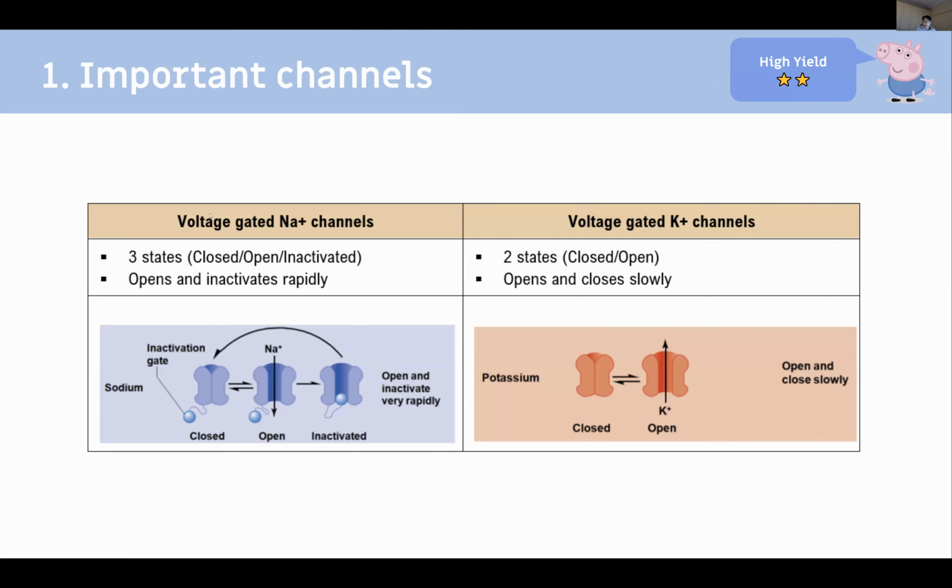Voltage-gated meaning that they're opened or closed depending on the voltage. We have 3 states for our sodium channel: closed, open, and inactivated. Whereas we only have 2 states for our potassium channel, which is closed or open. And our sodium channel opens and closes rapidly, whereas our potassium channel does it slowly.